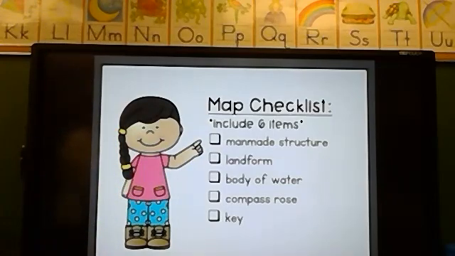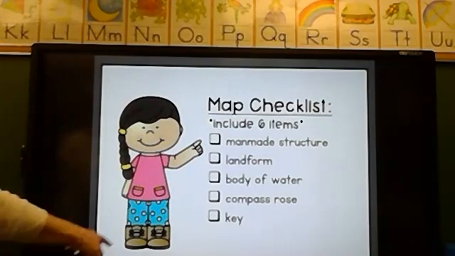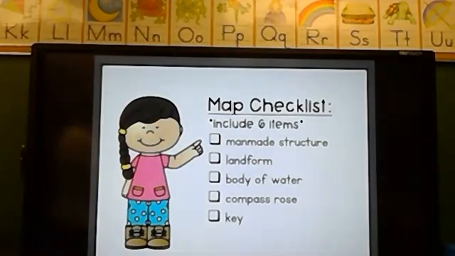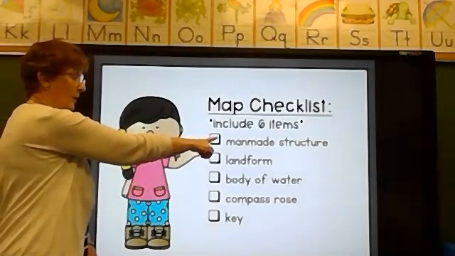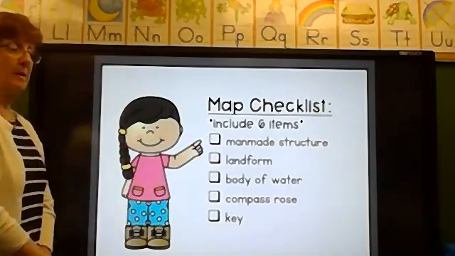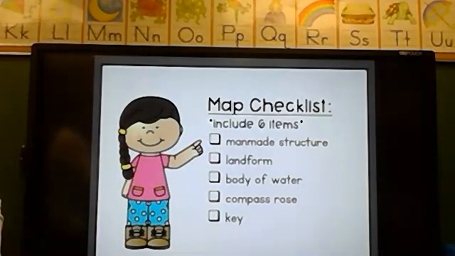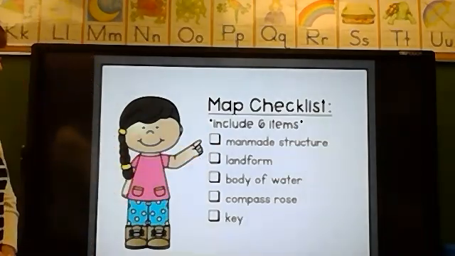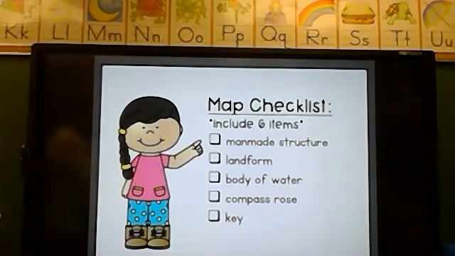And really it's going to be 7 items because you need to have a man-made structure, but everyone must have the man-made structure of a road, okay? And then in addition to the man-made structure of a road, you must have another one, okay? It can be a building, it can be a home, it can be an office, it can be any of those things, all right? You must include one landform, one body of water.